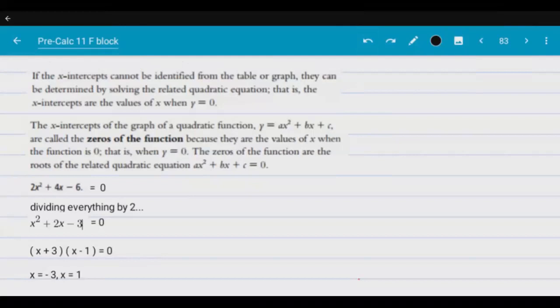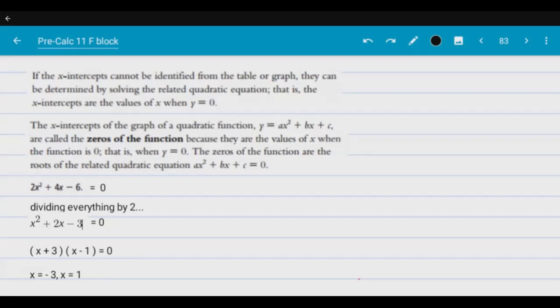In the previous check your understanding, I think you were able to figure out what the x-intercepts are by looking at the graph, or looking at a table of values where you saw that whenever you had a y value of 0, the x value gives you the x-intercept.